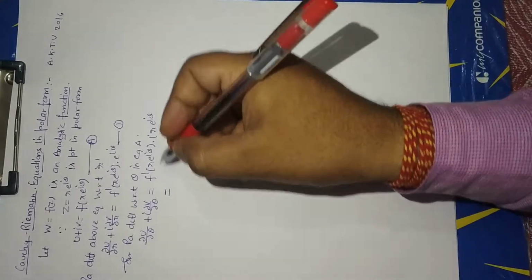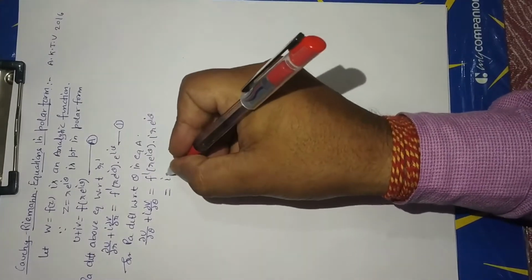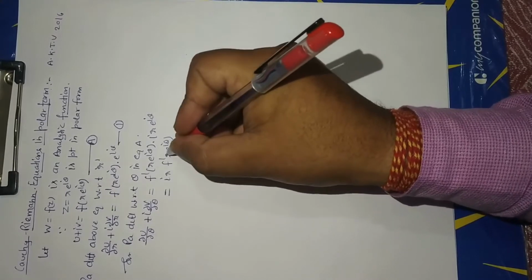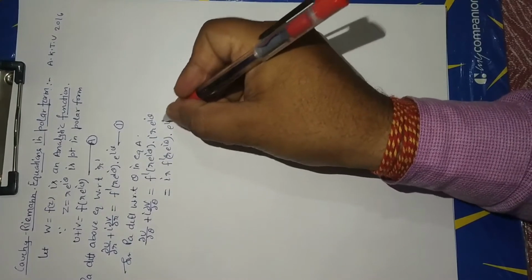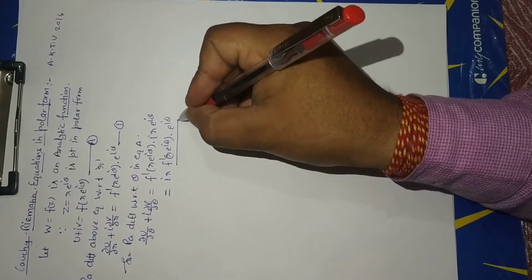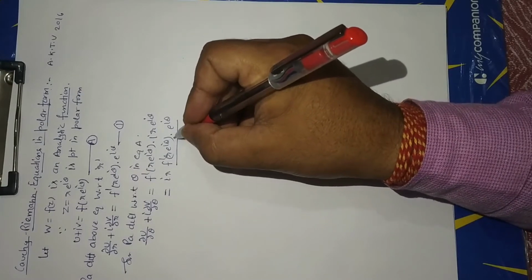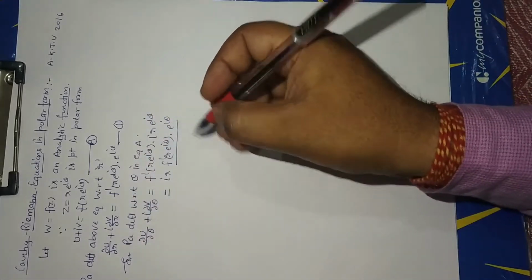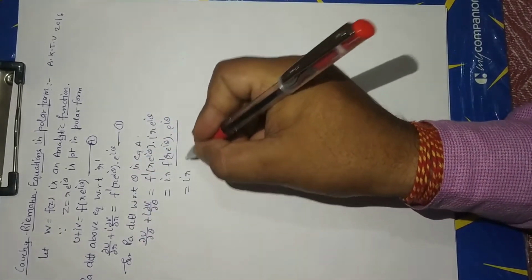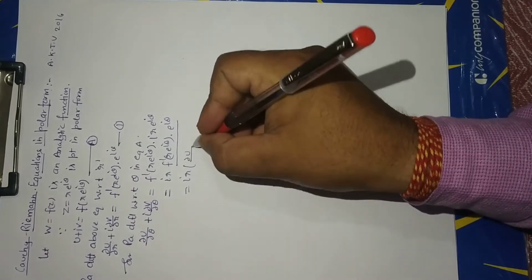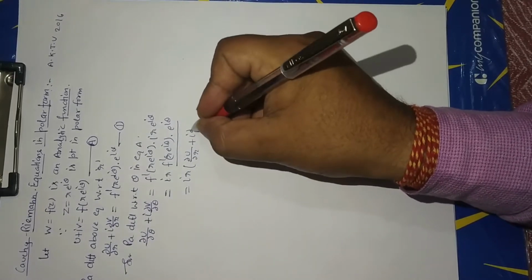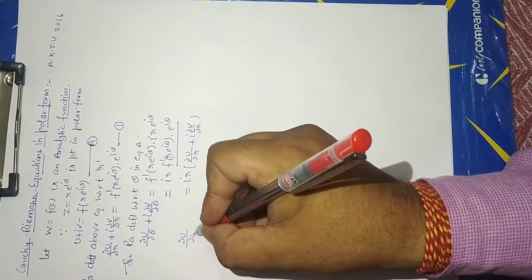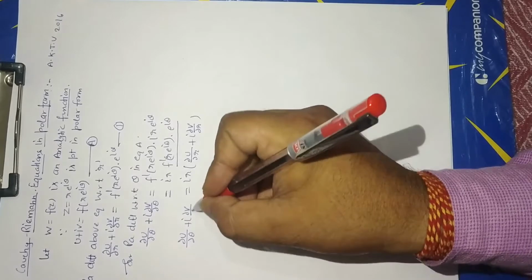Now we can write i r common, f dash (r e to the power i theta) into e to the power i theta. The value of f dash (r e to the power i theta) into e to the power i theta from equation number first, then we get i r (del u upon del r plus i del v upon del r). This is equal to del u upon del theta plus i del v upon del theta.